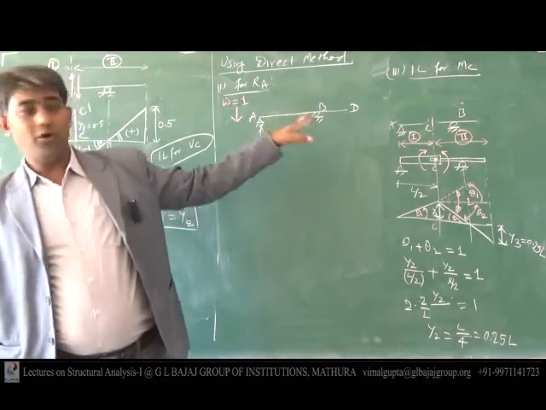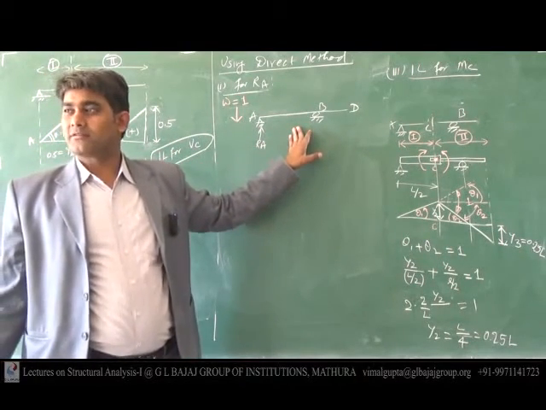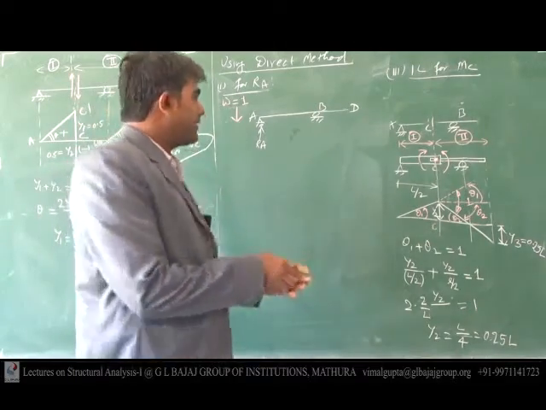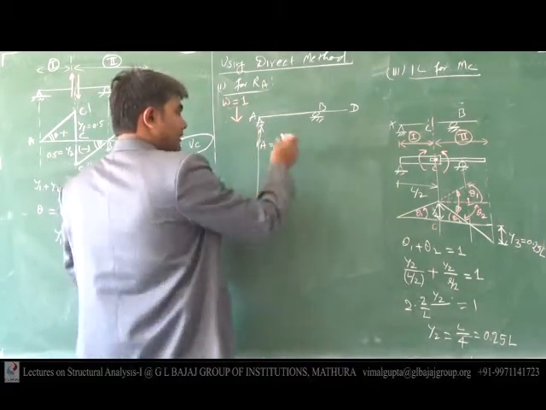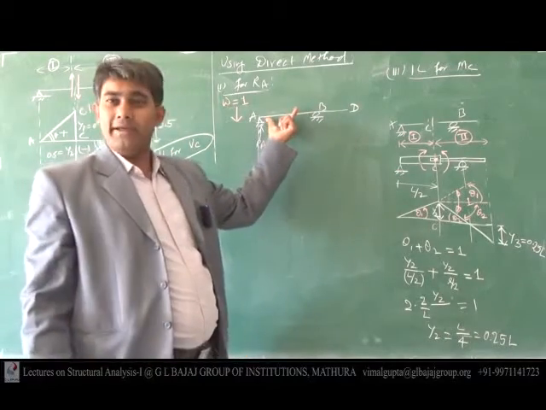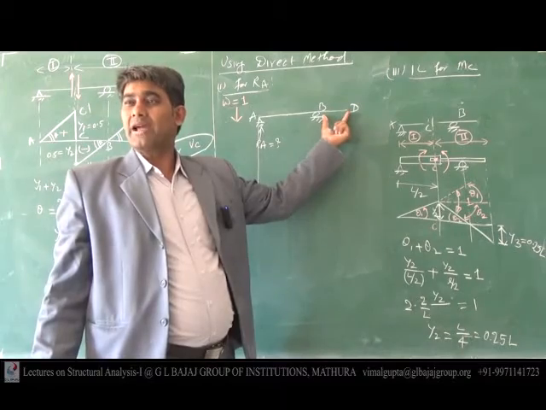Okay, so it will consist of two cases. The value of RA can be calculated when the point load is between AB and when the point load is between BD. Okay, clear?